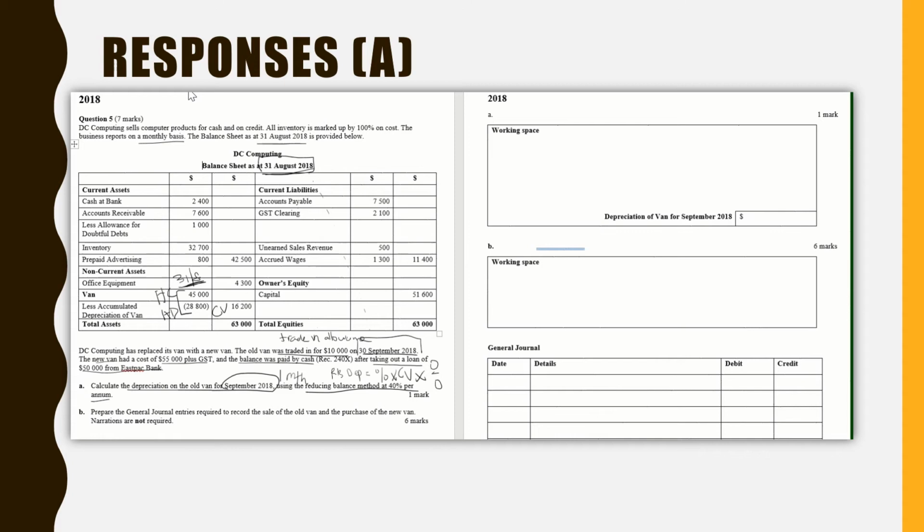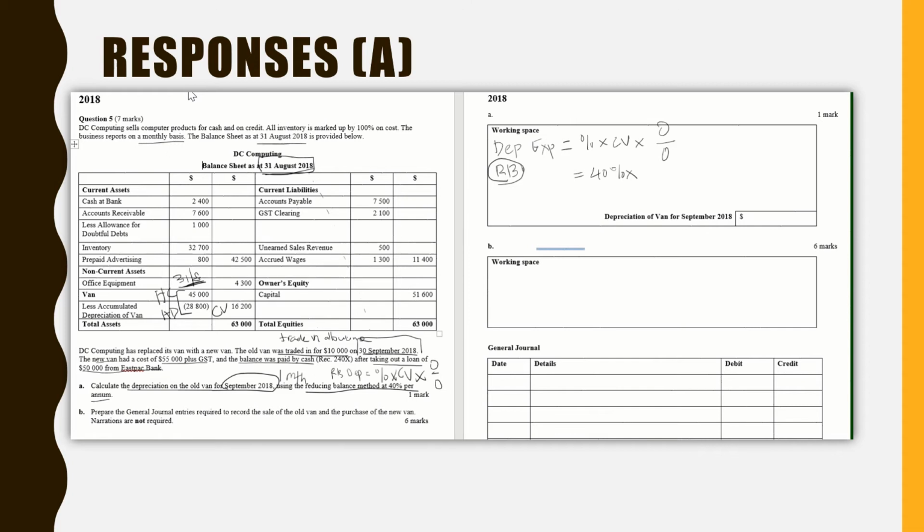Here, the depreciation, I've already used the formula, given the formula there. So this is what we call reducing balance, and that would be the percentage multiplied by carrying value multiplied by the number of months that applies. So in this case, it will be 40% multiplied.